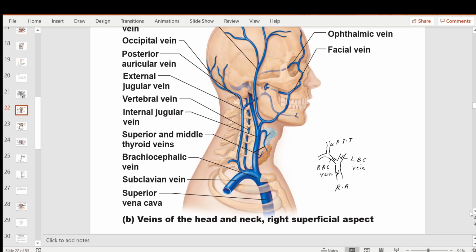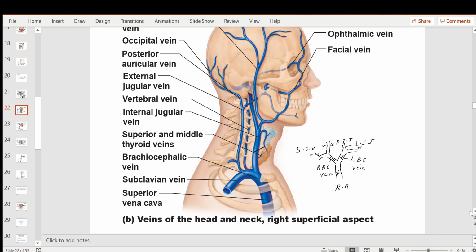And this is also from the left internal jugular, from the head part, and this is the subclavian. Okay, so these two are subclavians. So brachiocephalic receives blood from the internal jugular and subclavian of the respective side.